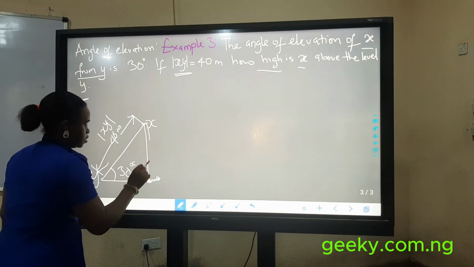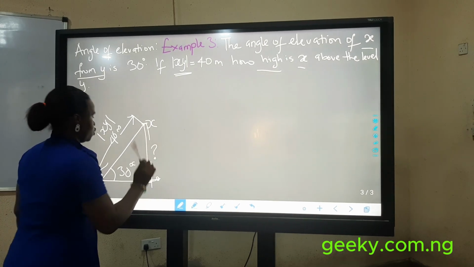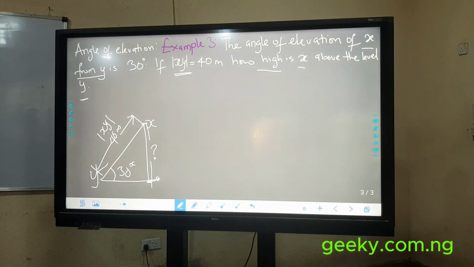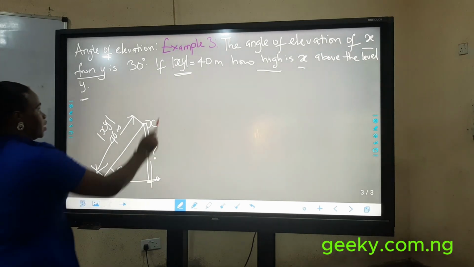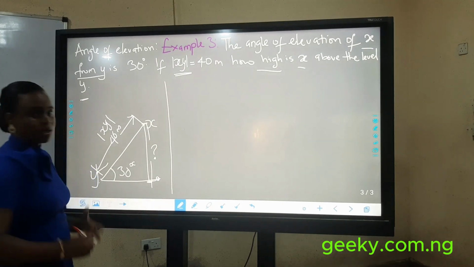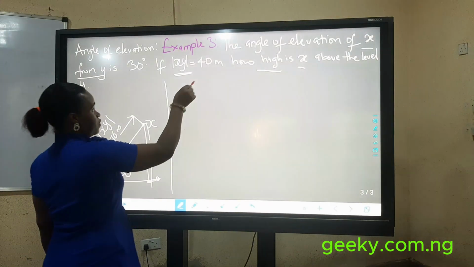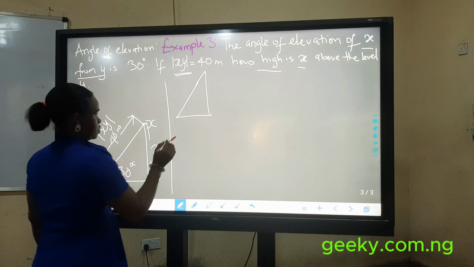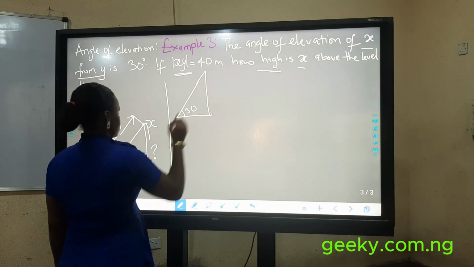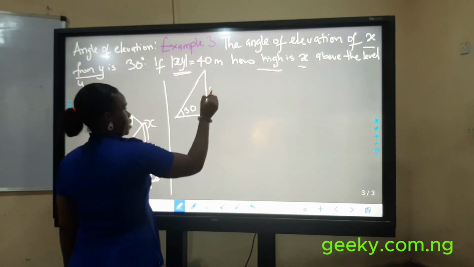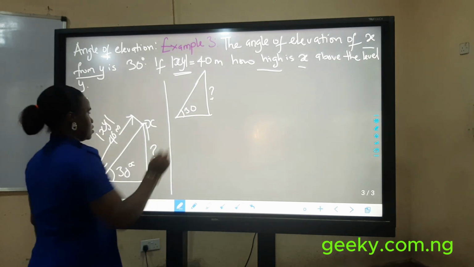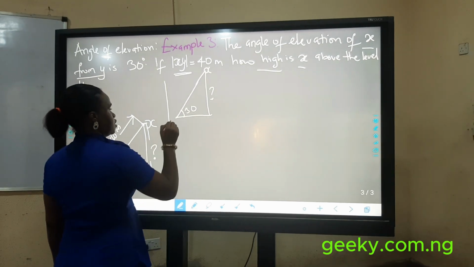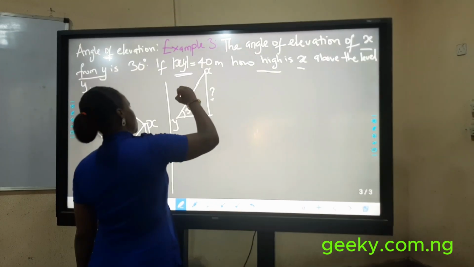So this is what we're looking for. Again, the drawing makes us see it clearer. So we have our figure like this. We have here to be 30 degrees. We are looking for here the height. This is x. This is y. This is 40 meters.